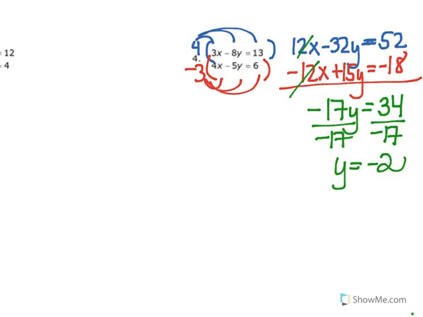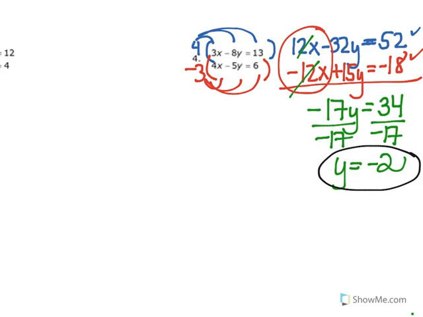Okay, so you can see with the blue I multiplied by 4, and the red is being multiplied by -3. When I combine these, the x term is the one that eliminated, and we ended up with -17y equals 34, so y equals -2. Now you should be getting pretty good at this next step, which is taking your value for y and plugging it into one of the other equations.